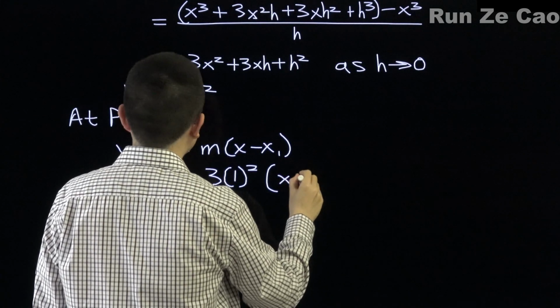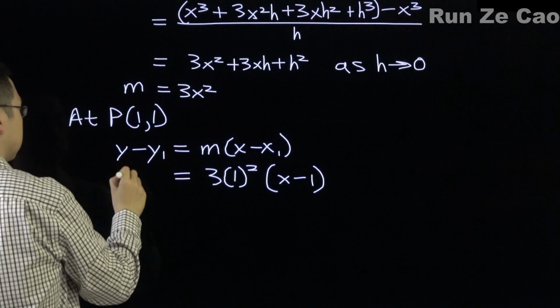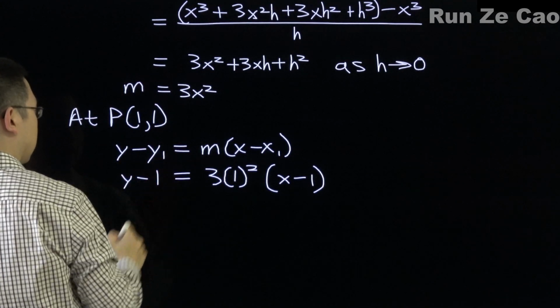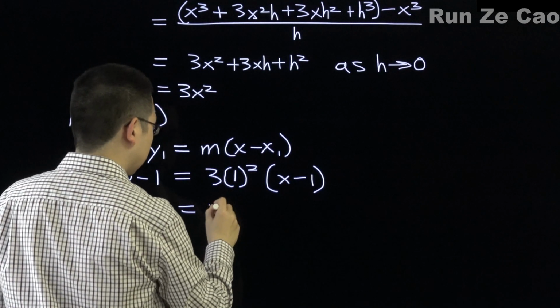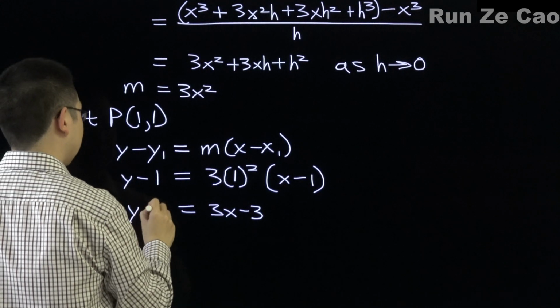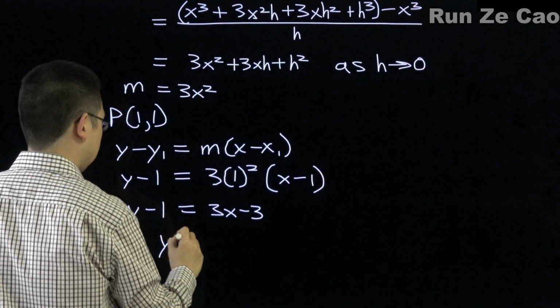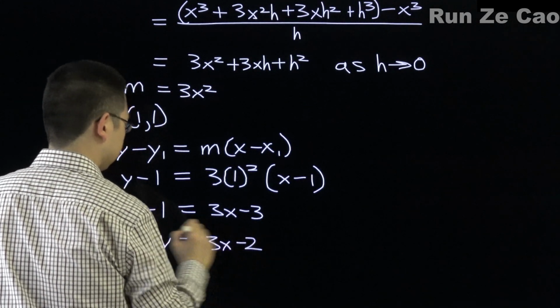So x minus x1 is x minus 1, and on this side, y minus y1, which is 1, equals 3x minus 3, so y equals 3x minus 2.